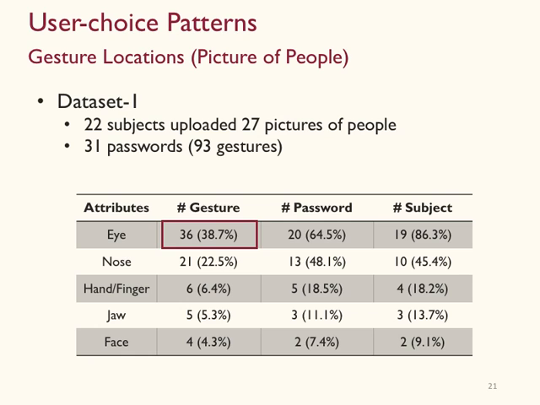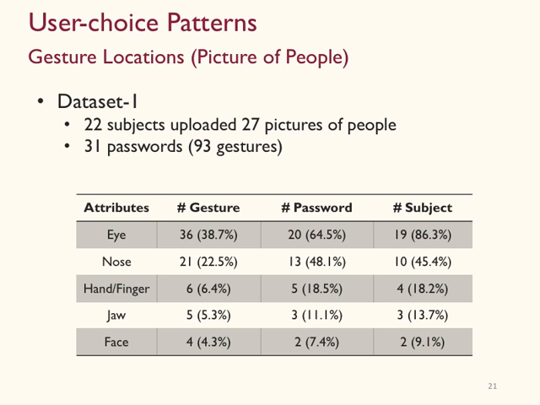Some eye is involved, the nose, and the passwords. 65% of the passwords have at least one gesture on the eye, and almost 19% of those subjects, when they chose a password, had at least one of the gestures on an eye. Then we got a similar result.